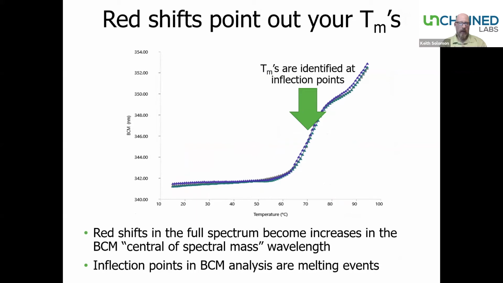The barycentric mean goes from around 141 nanometers of light to about 153 nanometers of light. And consequently, when you plot this out, you can see a transition. You can point to the midpoint of that transition, and that's the point where half the molecules are denatured and half the molecules are still native. And we refer to that as the melting point of this protein.